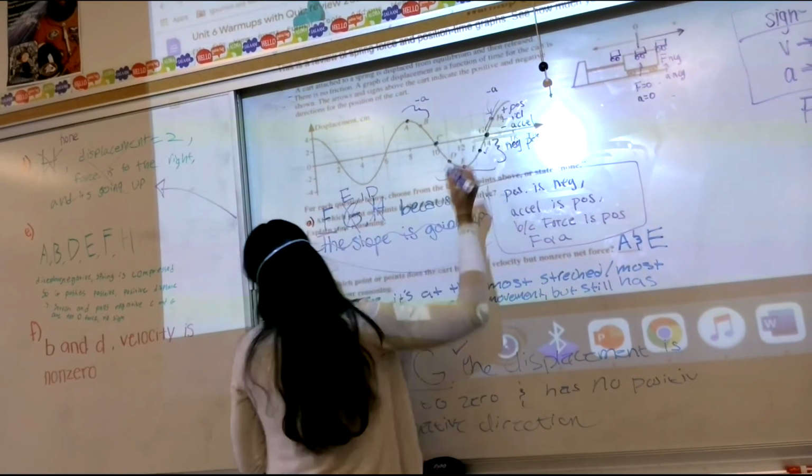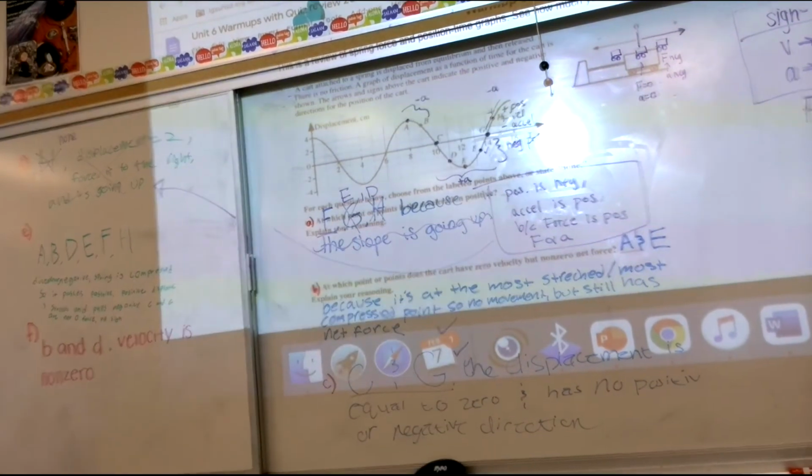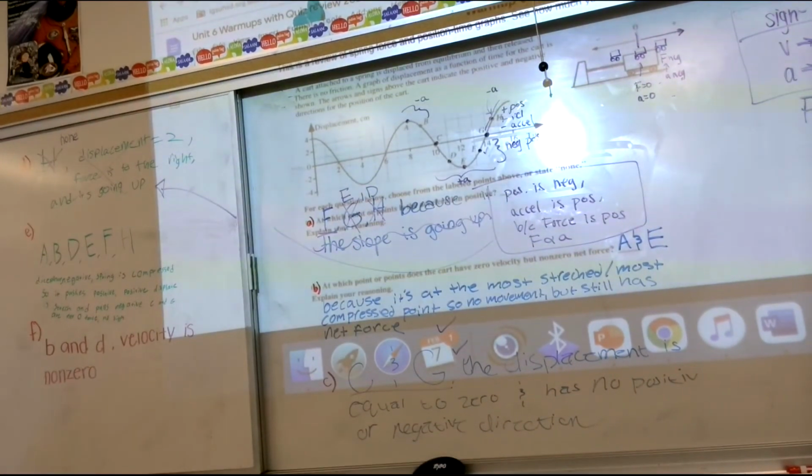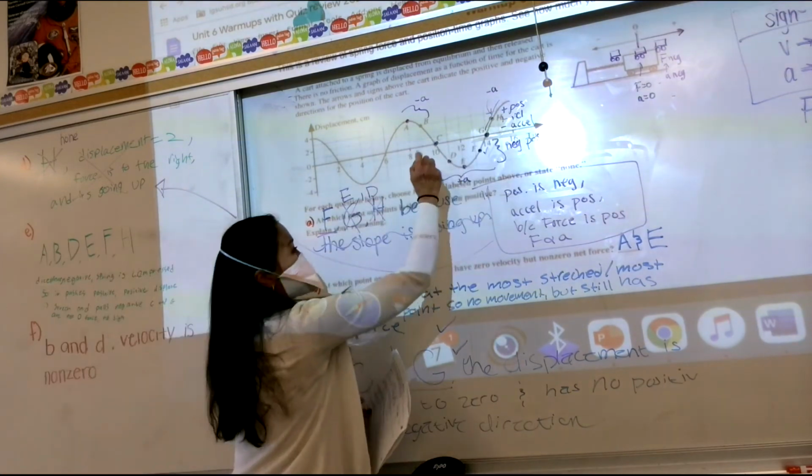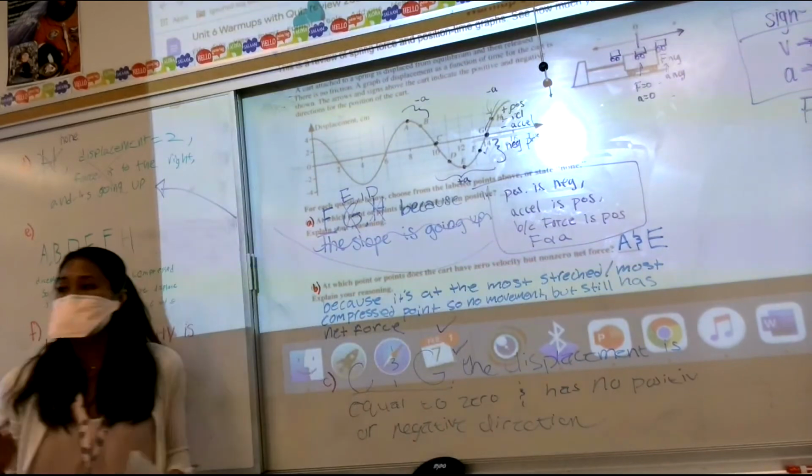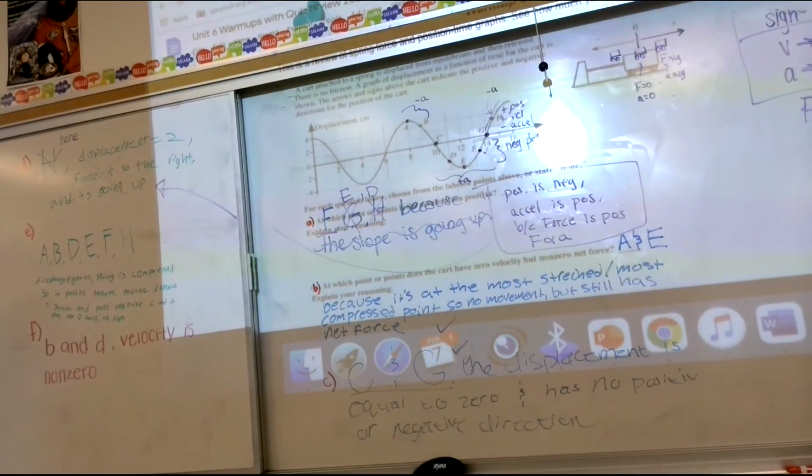The reason why is because a negative displacement, the spring is compressed, so it pushes in the positive. A positive displacement is stretched and pulls in the negative. And there's only 2 points where the acceleration is zero, and that would be at equilibrium. So this matches our idea of position and acceleration being opposite of each other.